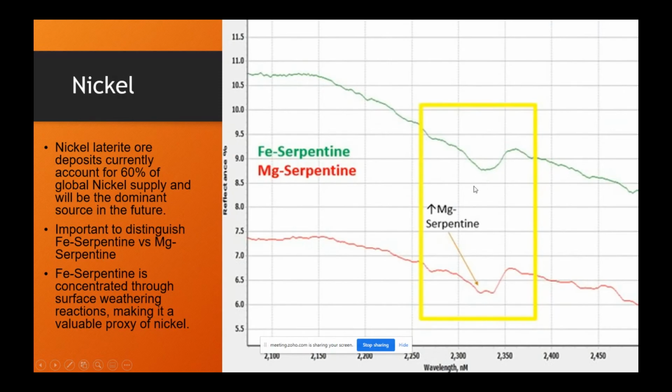So this application can only be done with a high resolution Ore Expert because the lower resolution of the Ore Express does not give you the capability to distinguish between these two types of serpentine. So again, this application is a valuable case for the Ore Expert in particular.